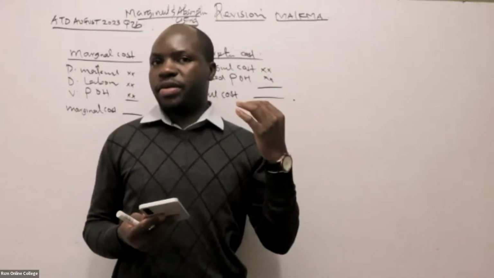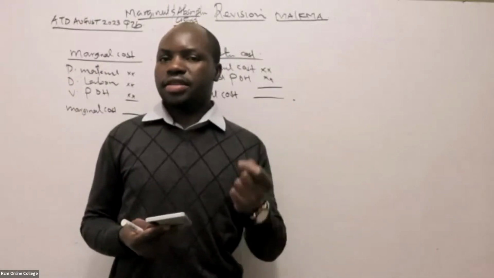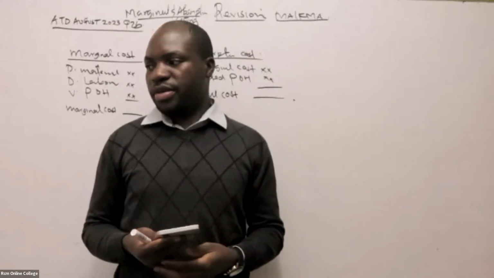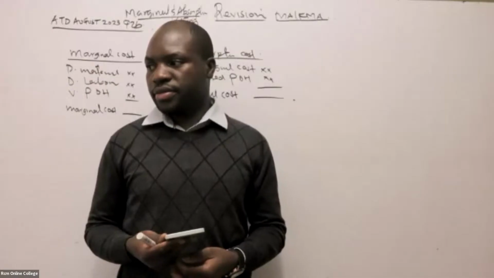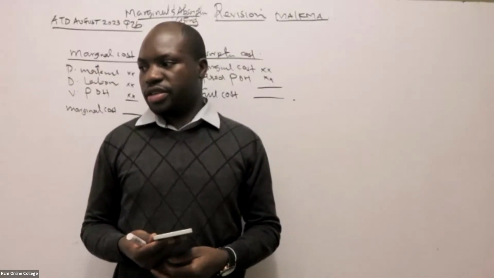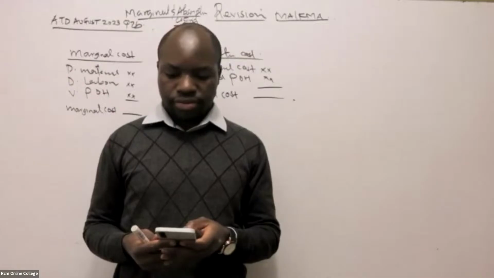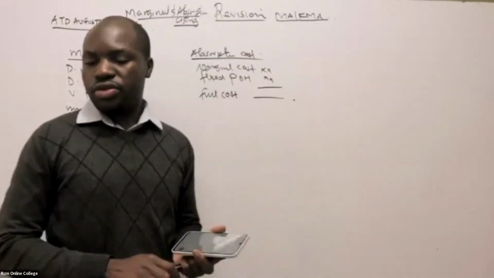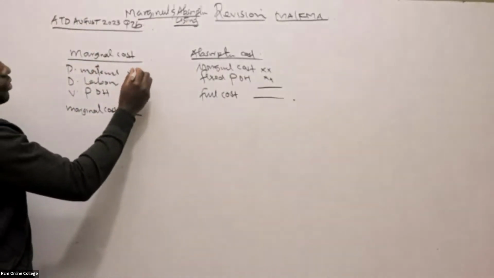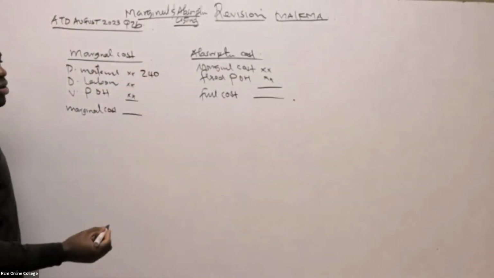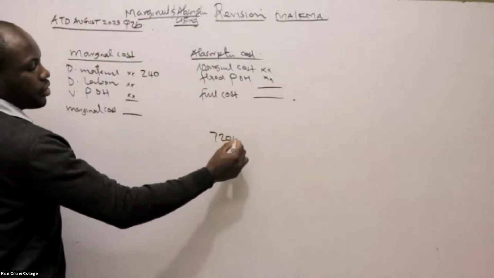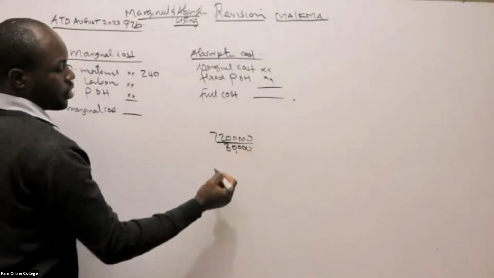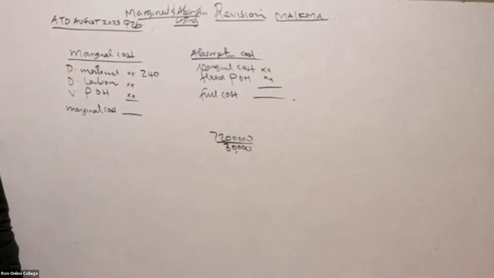So when you take that divided by 30,000, what is your material cost per unit? You're getting 240. You divide 7,200,000 by 30,000, which represents the units that were produced.